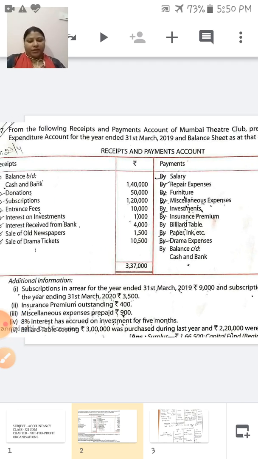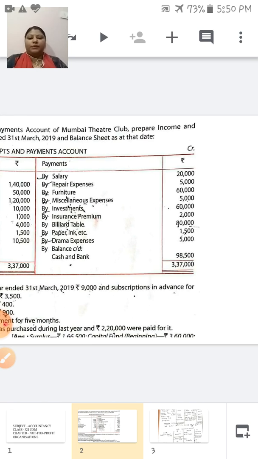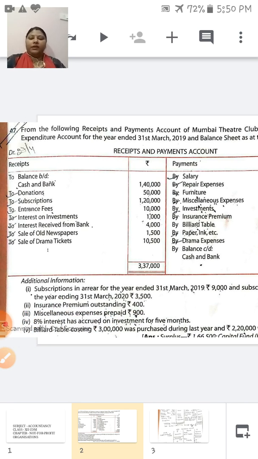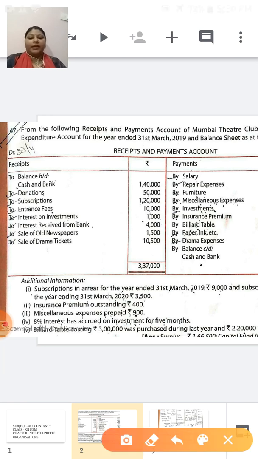Additional information. First additional information is subscription in arrear for the year ended 31st March 2019, 9,000, and subscription in advance for the year ended 31st March 2020, 3,500. Here two years are given.